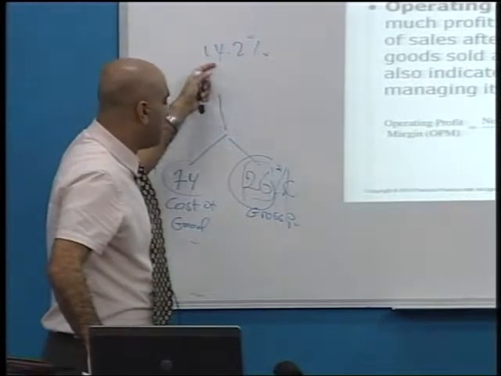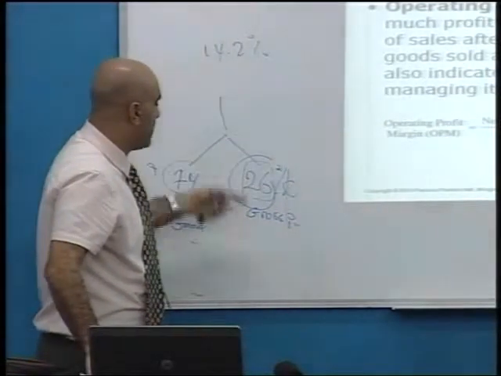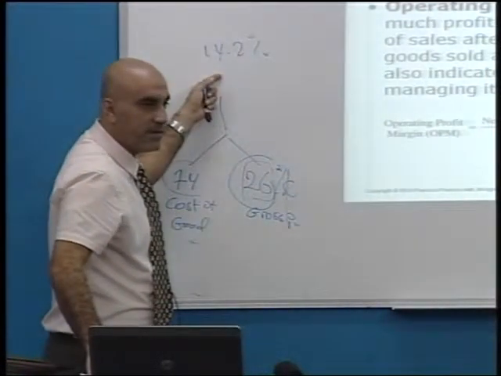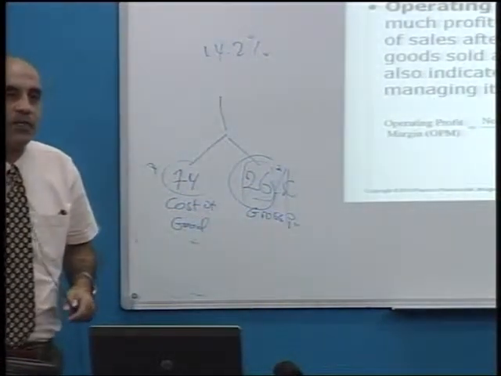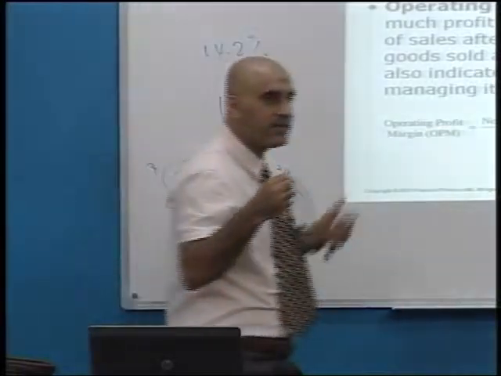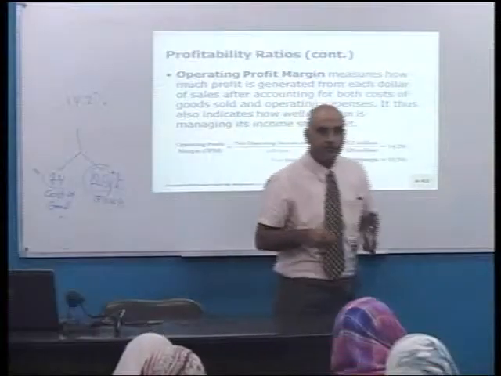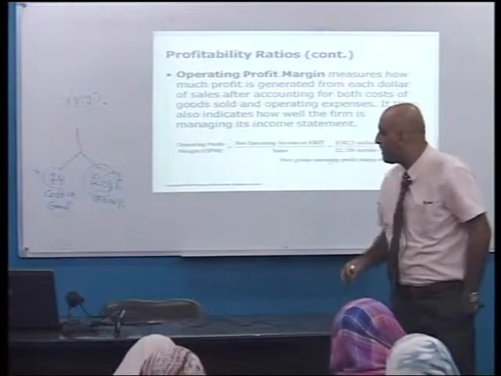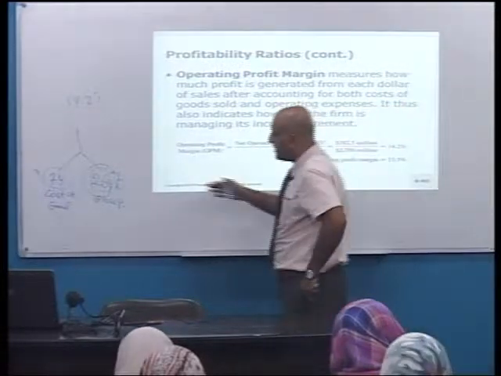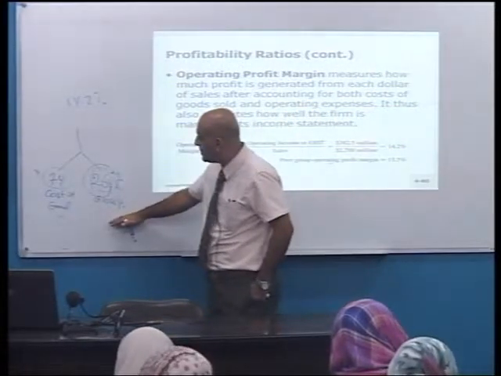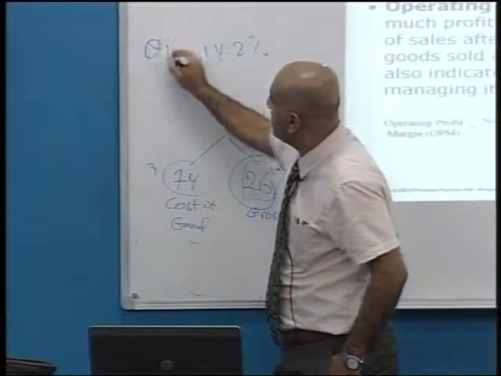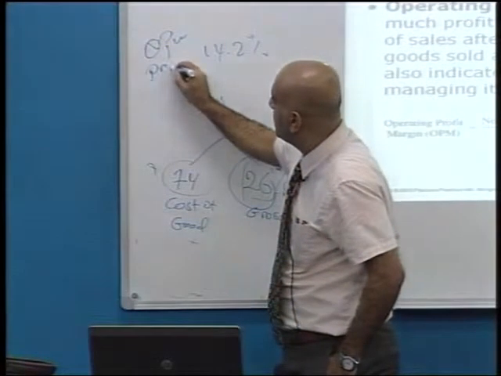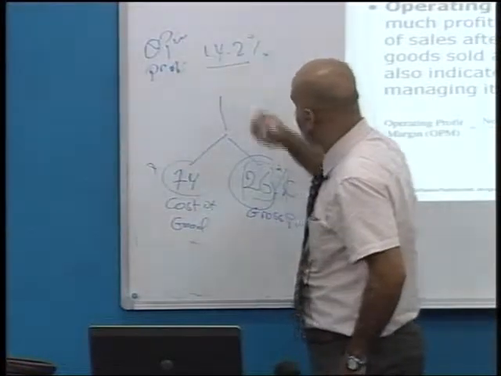Now the operating profit margin is 14%. My question is how much the operating expenses cost us in terms of sales. Again, we have 26% gross profit margin, and the operating profit margin is 14%.